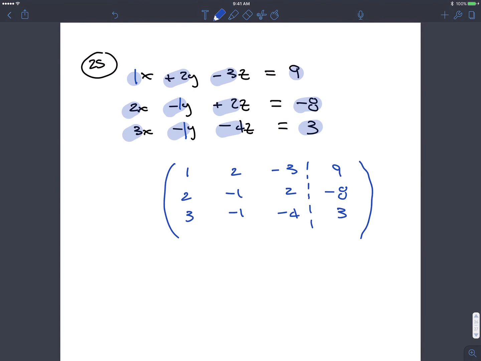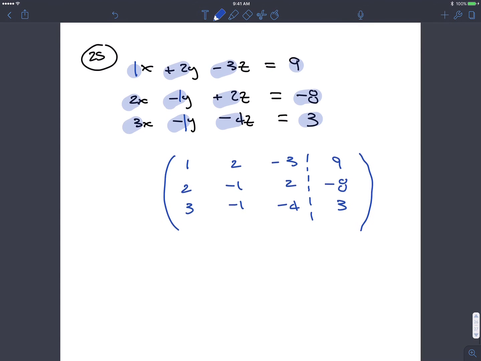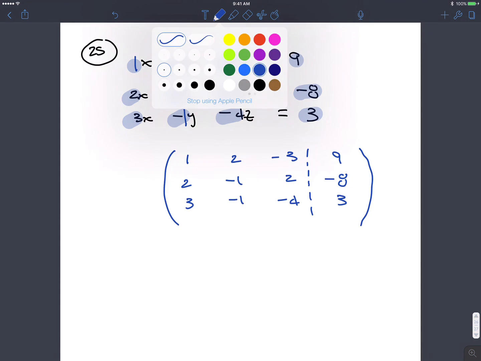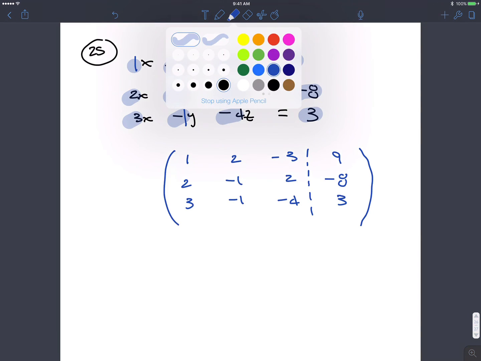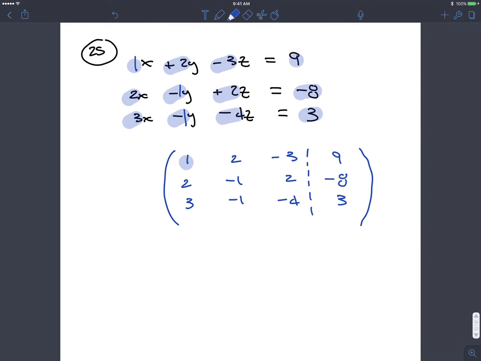Here's our augmented matrix. Now what we're going to do, again, is multiply. We notice, first of all, that the 1 in that leading coefficient position is valuable. I could multiply negative 2 times row 1 and add it to row 2 to change row 2, because we want 0 in this first position.